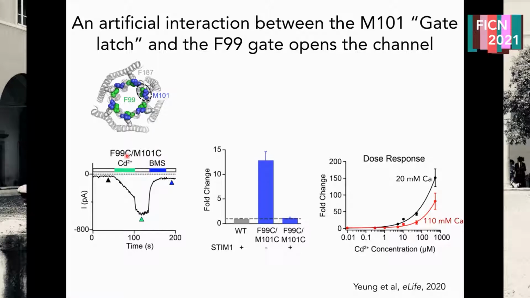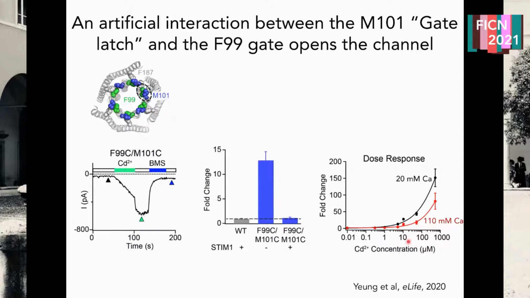So what Priscilla did is put cysteines at both loci, and then she put cadmium, which will form a metal ion bridge between these two positions. And when she did that, she found a huge extent of activation of the channel, really a several-fold increase in the amplitude of the current.